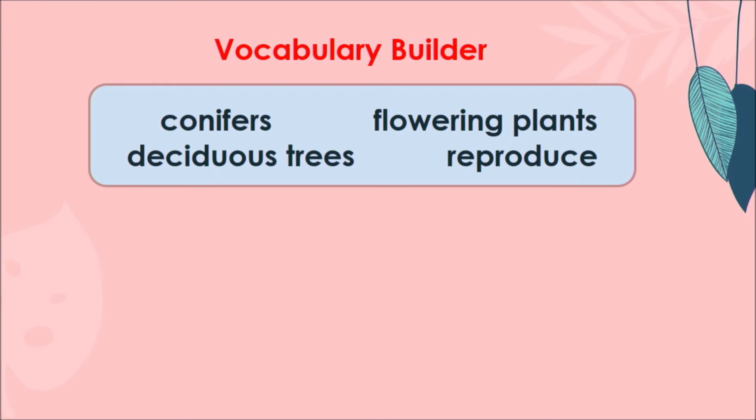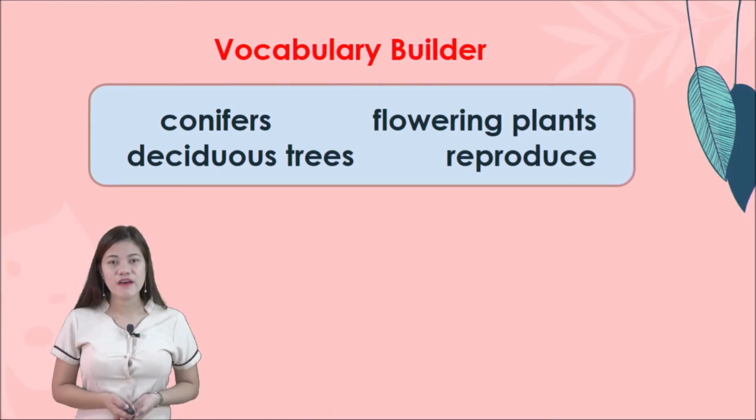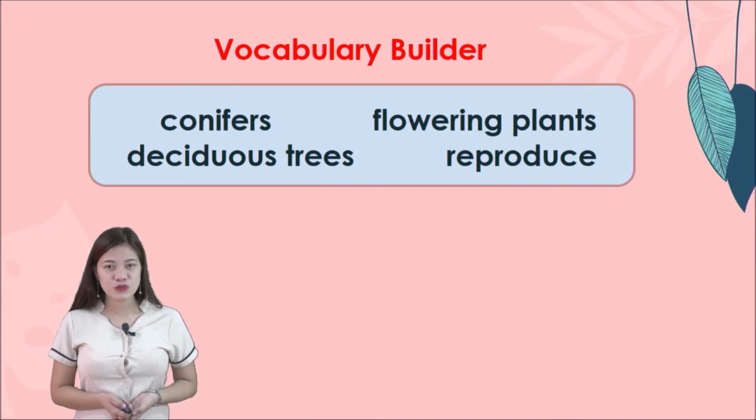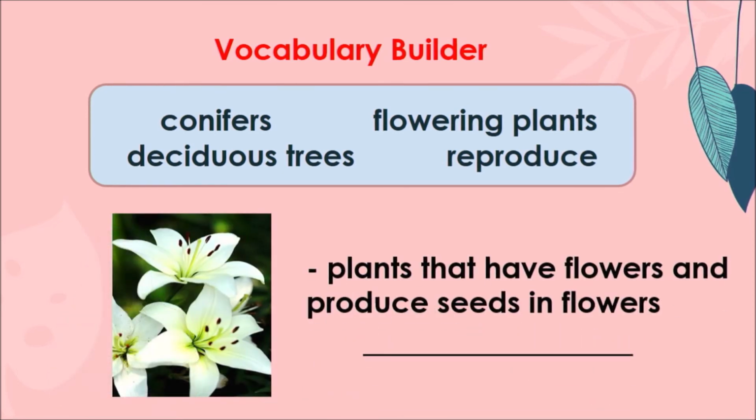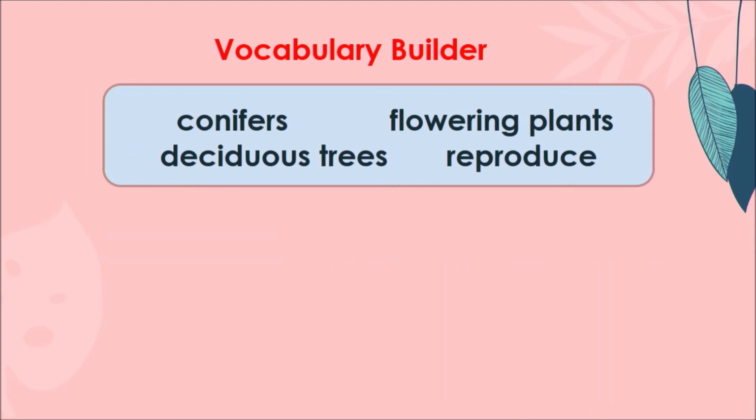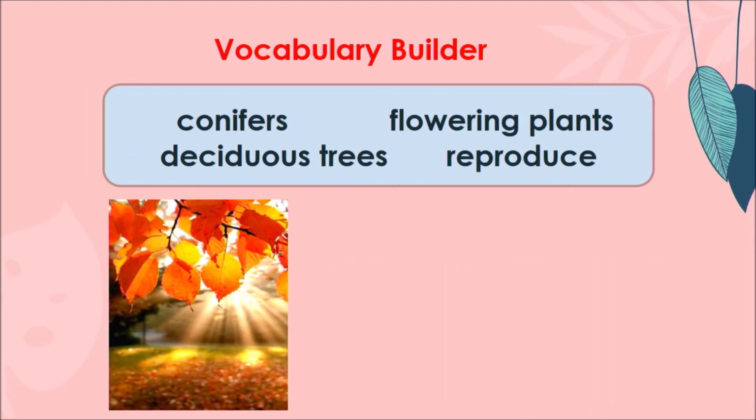Now let's move on to vocabulary builder. So these are the choices. We have conifers, deciduous trees, flowering plants, and reproduce. For the first picture, here's the clue. Plants that have flowers and produce seeds in flowers are called flowering plants. Next picture.